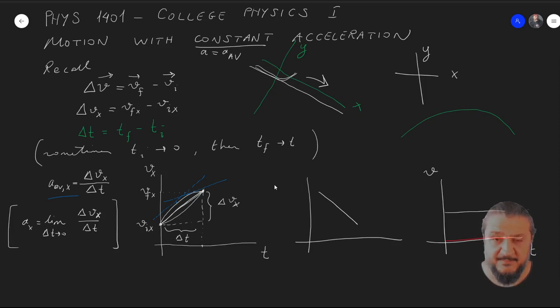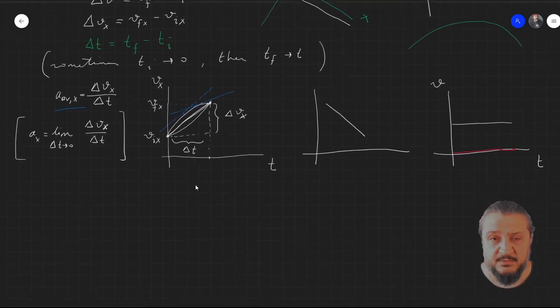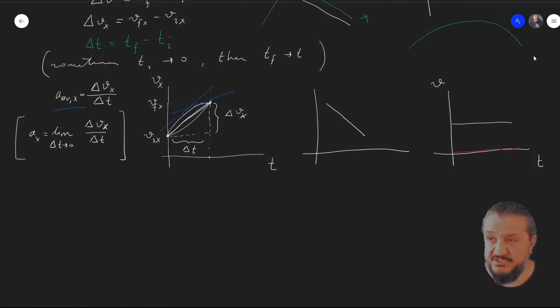So what to do with it? Let's take that equation, the average acceleration definition. I'm going to rewrite it right here. And I'm going to drop the letters AV, because we know that average is A in this case.